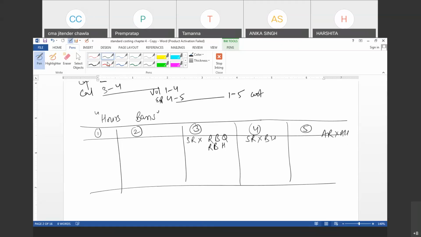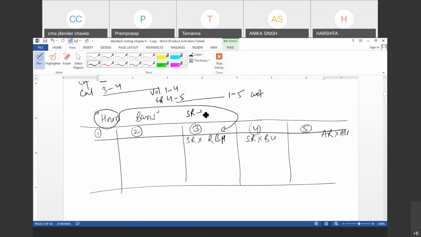Excellent. So I am rubbing it. Intentionally I am writing. It is H because my calculation is on hourly basis. So every item, standard rate will come on per hour basis, or revised budgeted hour will come, right?